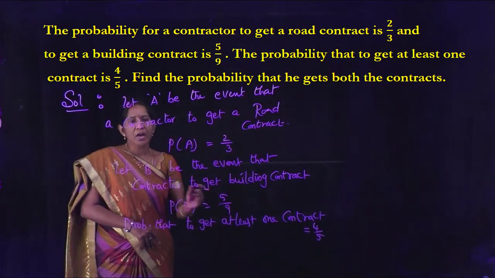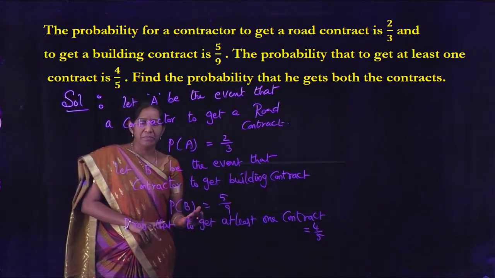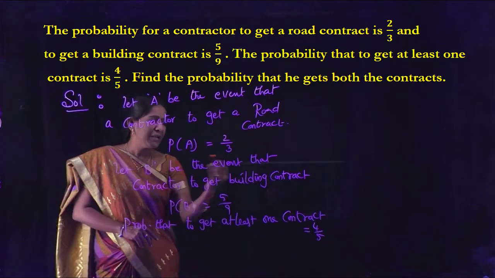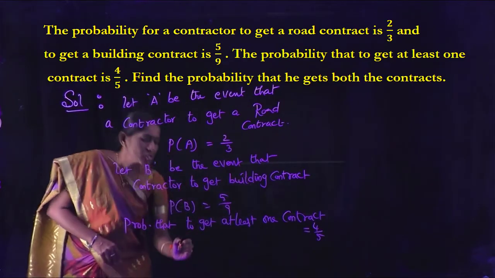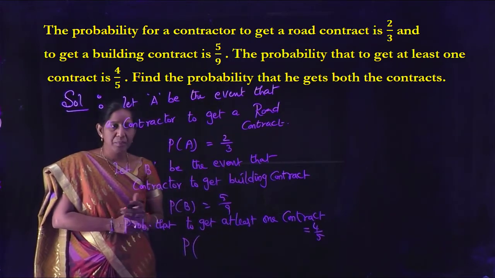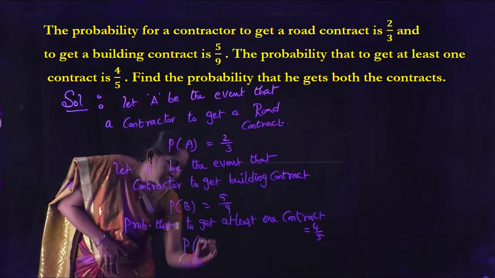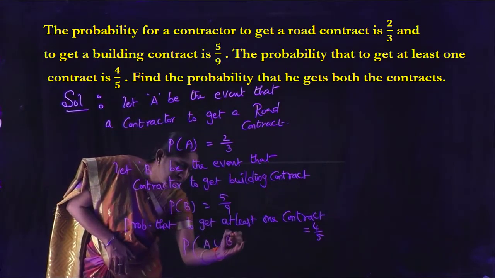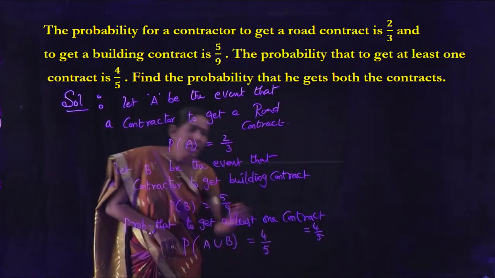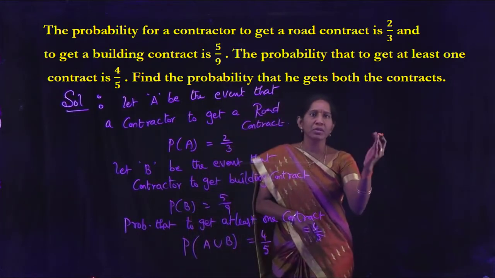At least one of A, B denoted by P of A union B. Road contract event is A here and building contract event is B. So probability that to get at least one of A, B, denoted by P of A union B, that is 4 by 5 given. So, find probability that he gets both the contracts.